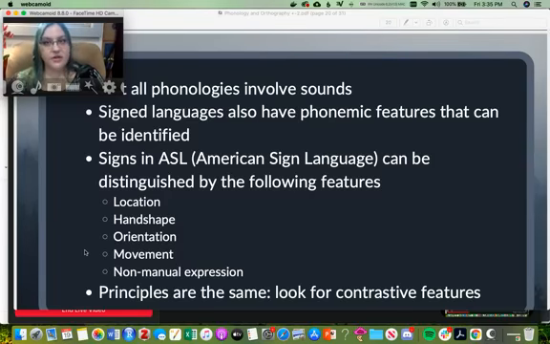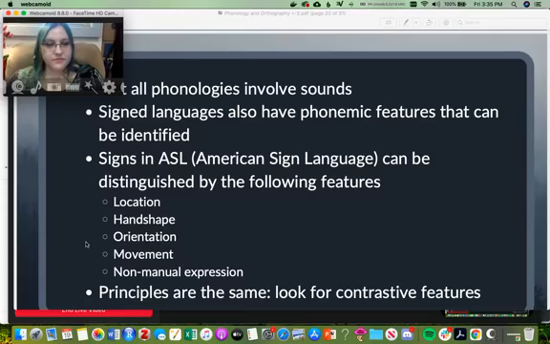So similarly to the phonology of a spoken language, you're going to be looking for features that make contrastive differences. What is something that when you change it, it changes the meaning of a word? Those are things that you're going to look for. So the principles are really the same, whether you're working with a signed language or a spoken language. You're looking for contrastive differences, differences that matter, basically, for the system.